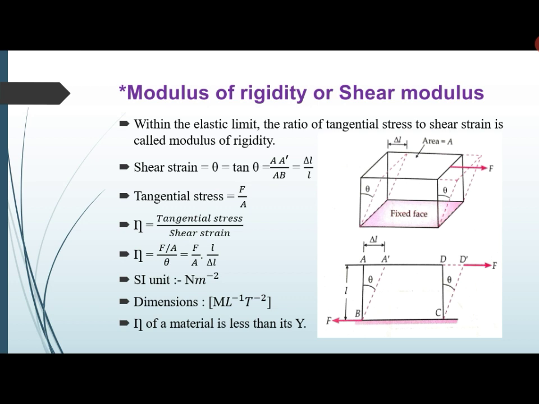So in day-to-day life and in physics, we have two different explanations for elastic substances. These are the points to be kept in mind while we are discussing the elastic behavior of materials. Now let us discuss some other elastic effects.